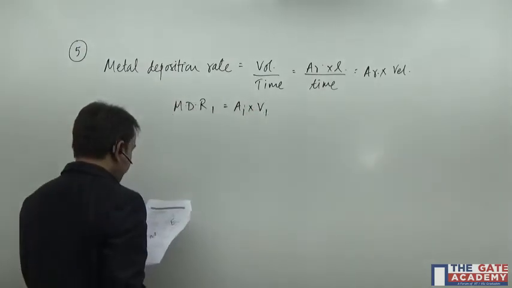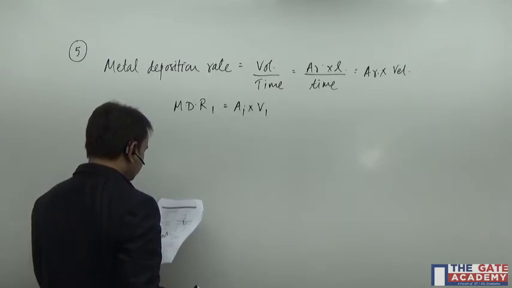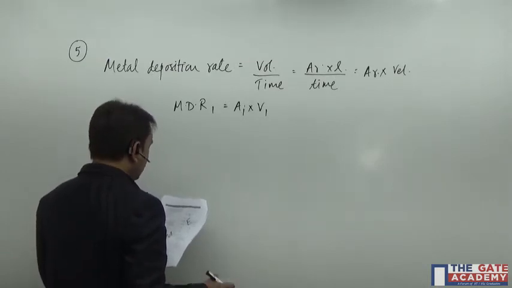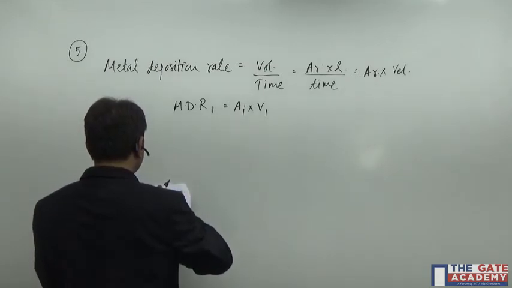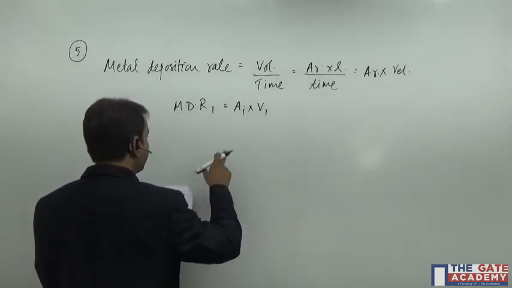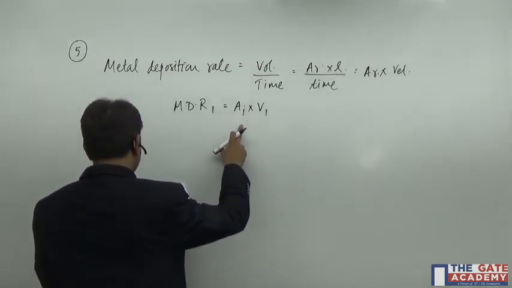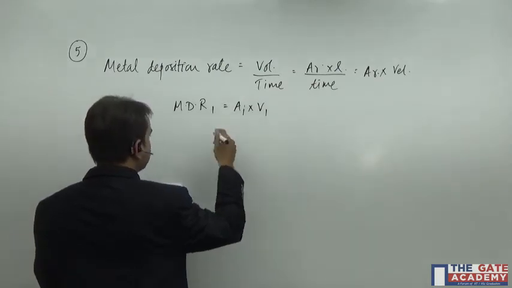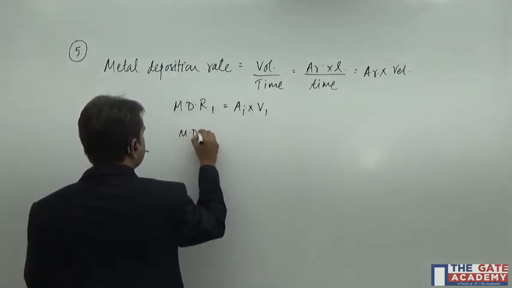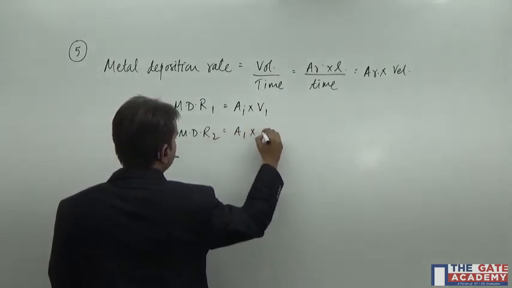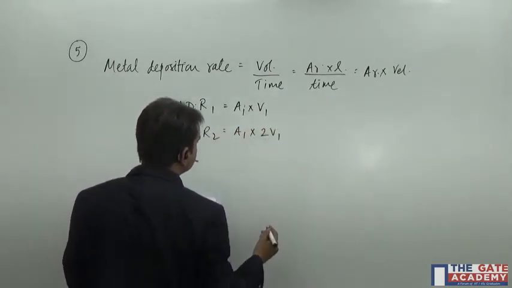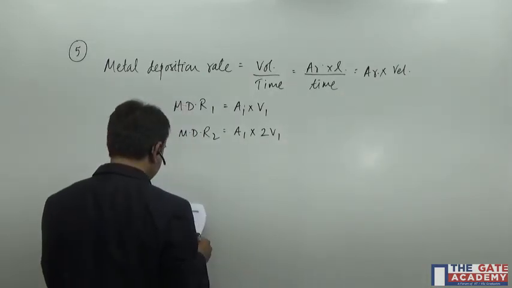And now what will happen to this area if the welding speed is doubled? So metal deposition rate 2 will become A1 times 2V1. This is what is going to happen, right?